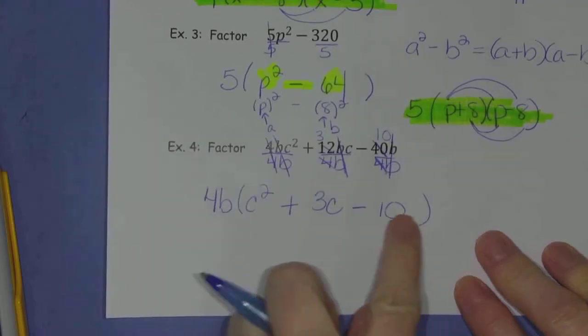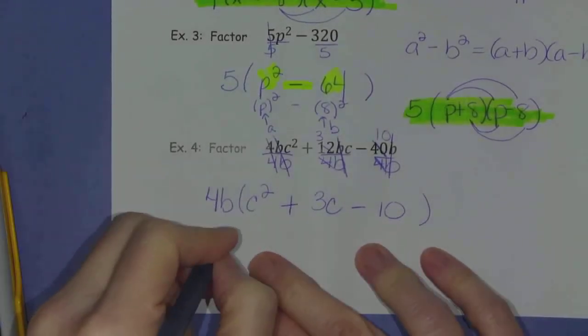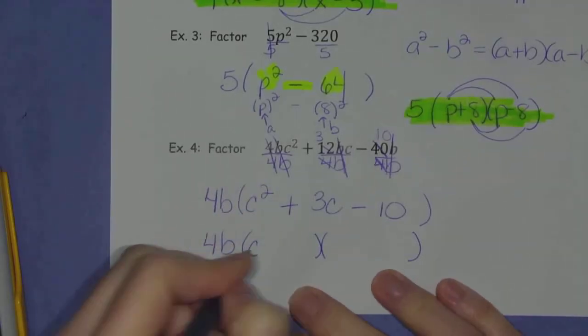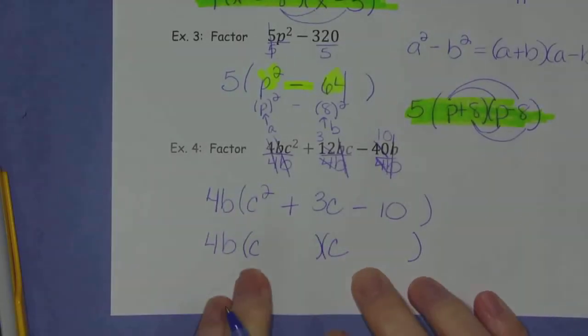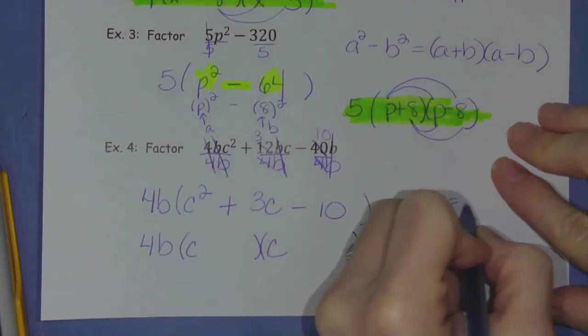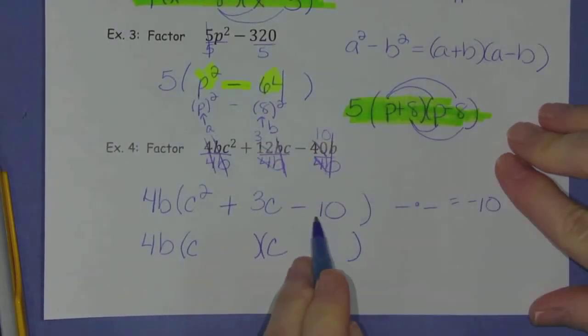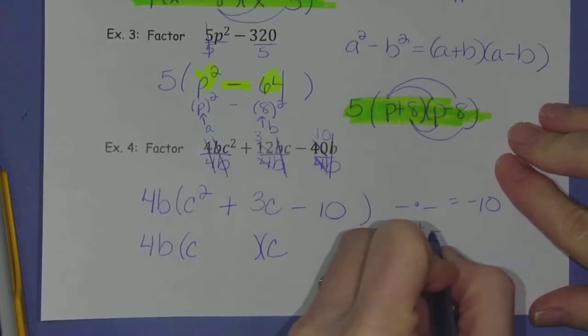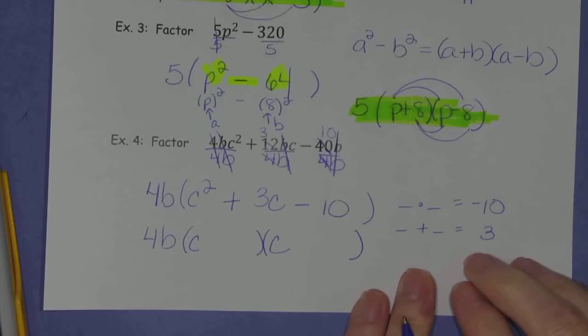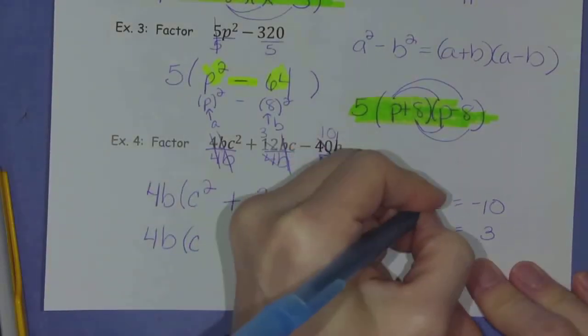Now I'm examining this polynomial, and I'm thinking that it may factor. I know I'm going to put my two c's here and here. And now I need two numbers whose product is negative 10, but whose sum is 3. So I'm thinking about a 5 and a 2.